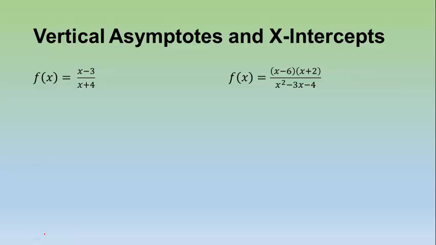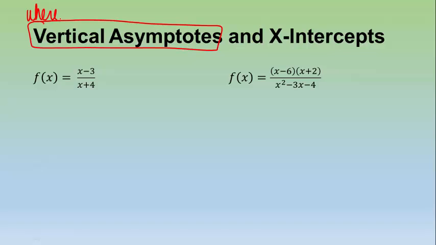And let me explain. We will find vertical asymptotes where the function is undefined. So if you know where a function is undefined, then you know where to find vertical asymptotes.